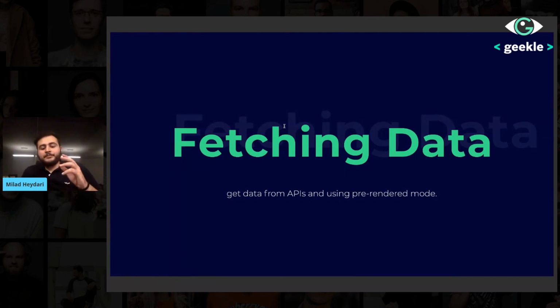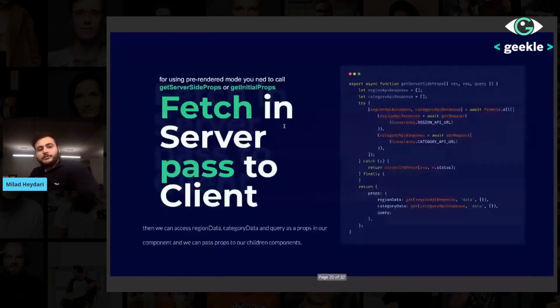But if you want server-side rendering, running the fetching inside Node.js and passing the data to the browser, you should use getServerSideProps or getInitialProps. If you use this function, your page will be pre-rendered on each request.